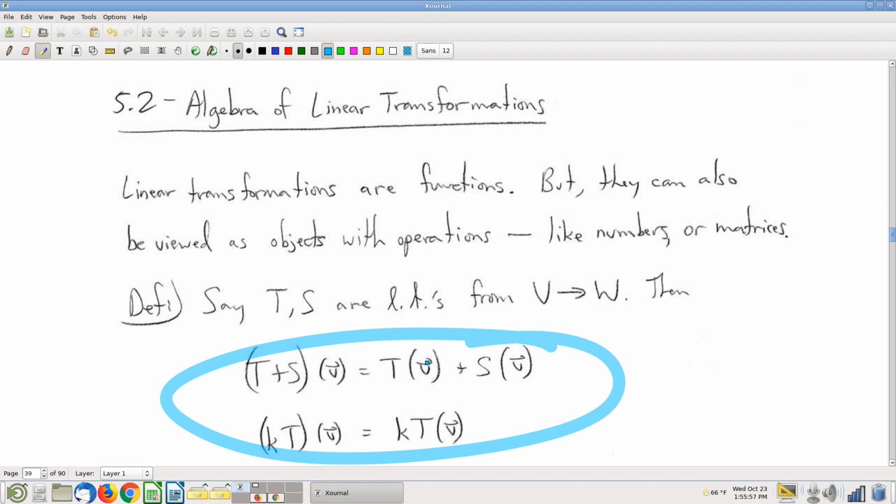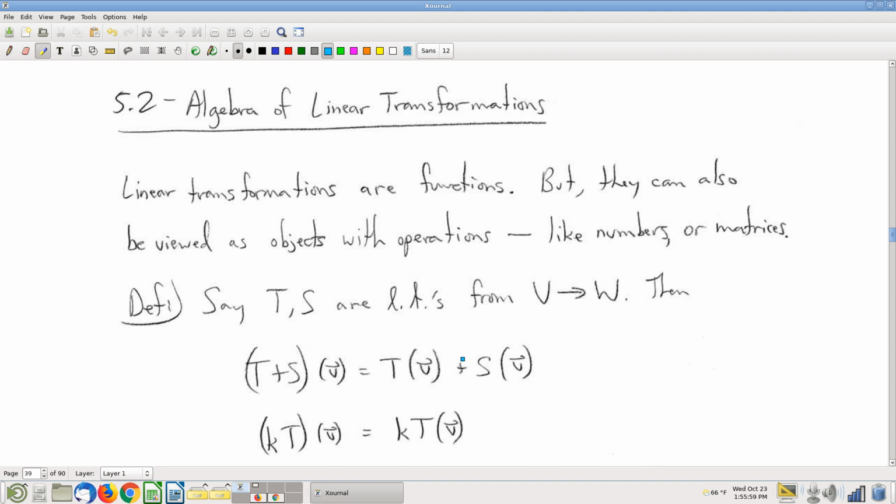So another way to say that is that given this, that sort of allows us to conclude that. The fact that we have an addition on output vectors gives us an addition on functions. Okay, so all of this, of course, takes place inside of the target. So another way to say this is the fact that we have an addition in W gives us an addition on the functions.